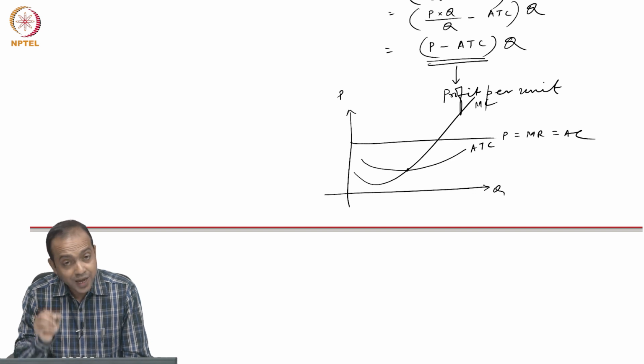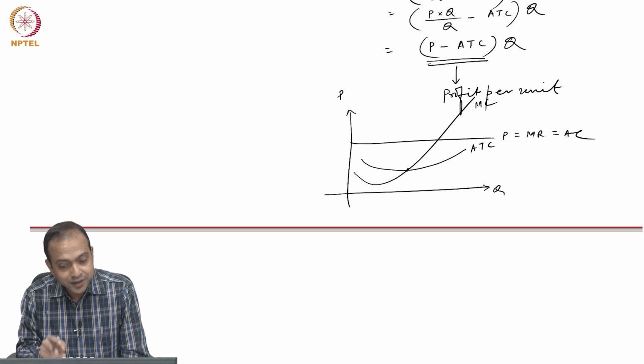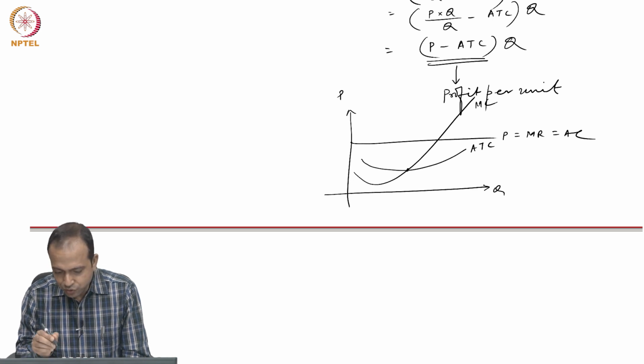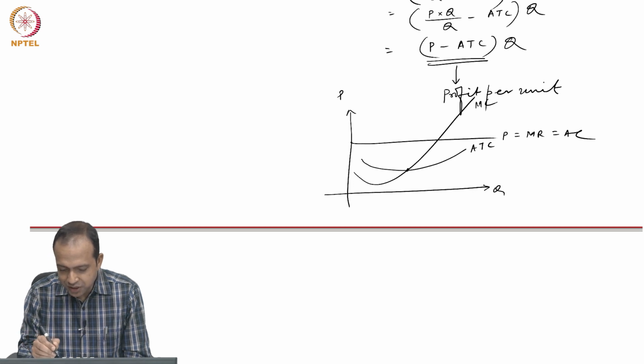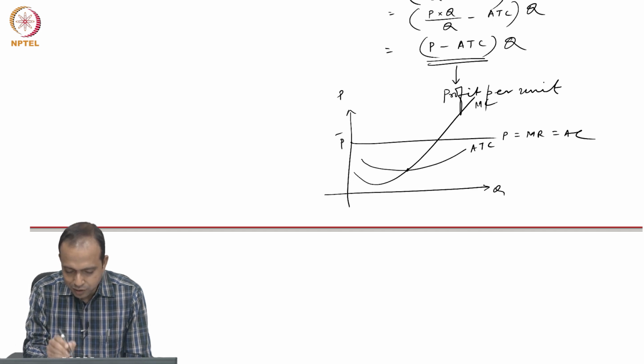So, MC and ATC, if you recall, both are U-shaped, and MC cuts ATC at its minimum point, right, at its minimum point. So, MR equals to MC is achieved here. This is your MC and this is your MR, and this is also your P.